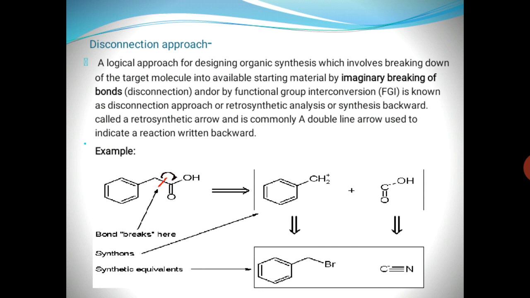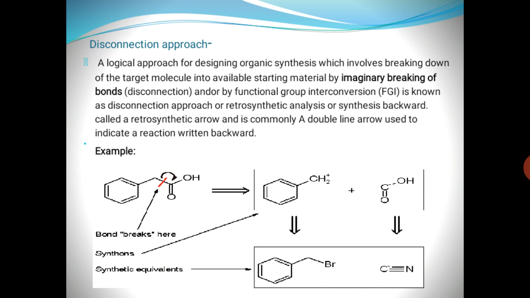It uses the retrosynthetic arrow, which is commonly a double line arrow used to indicate a reaction written backward. Here in retrosynthetic analysis, the double line arrow is most needed. If you draw a single line arrow, then your example will be wrong. So here we have to draw a double line arrow.